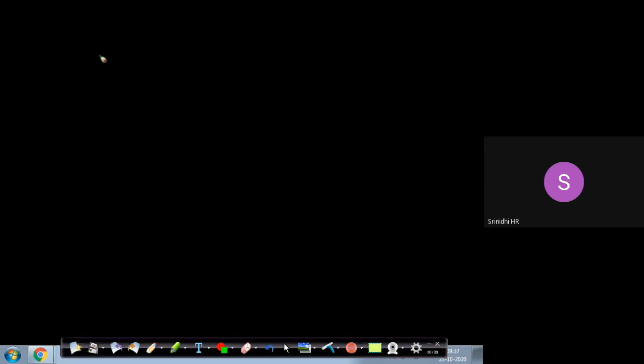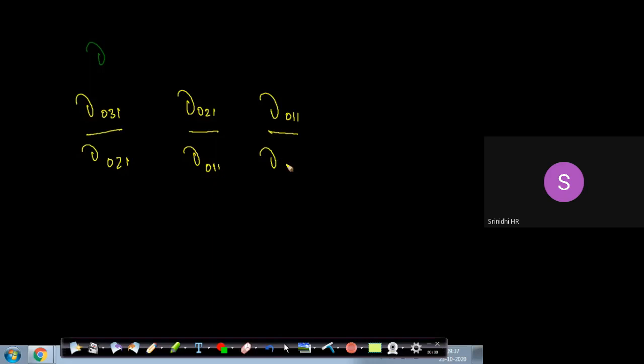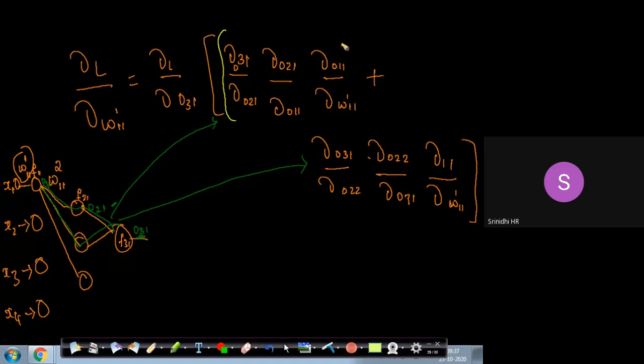Let's consider the summation of the derivative of O31 with respect to O21, the derivative of O21 with respect to O11, and the derivative of O11 with respect to W11 power 1. I'm just taking this particular value.